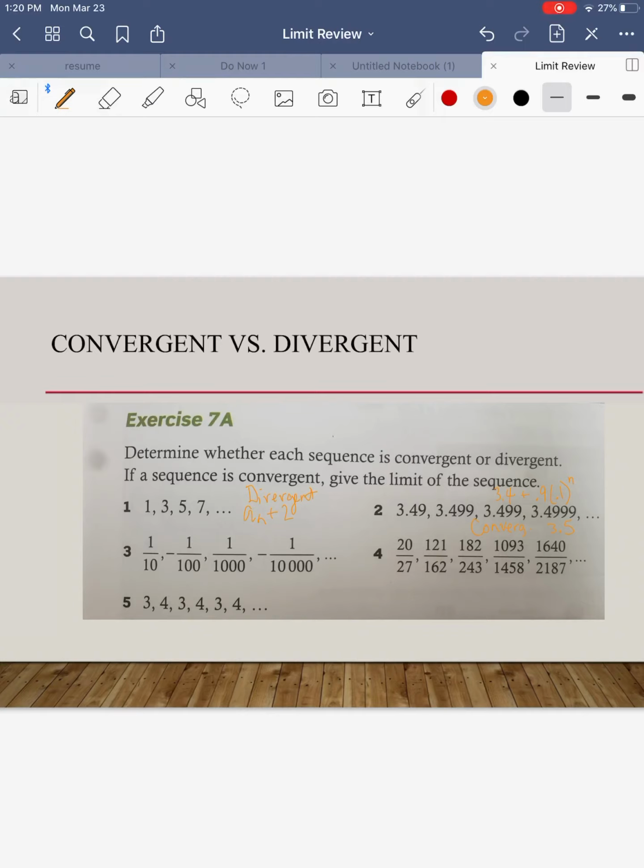If we keep on going in the positive direction, it is getting closer and closer to 0. If we look at the negative direction, the negative direction is getting closer and closer to 0. So since both of them are going to 0, it is convergent towards 0.